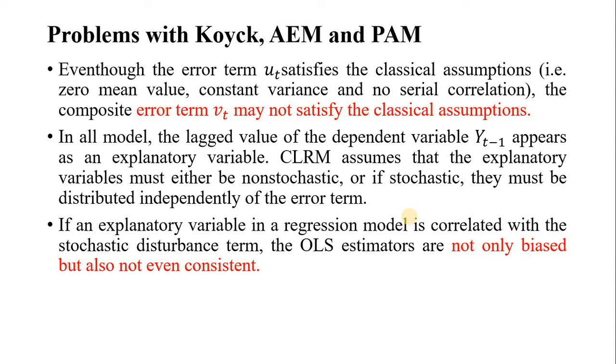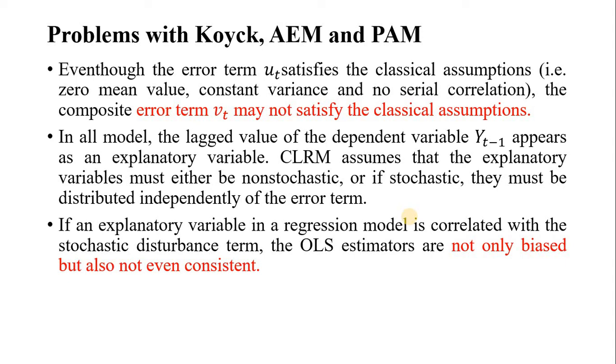This is what's called the stochastic regressor problem, the non-stochastic assumption. If this is the case, then what's the problem? The estimators are not only biased but also not even consistent. So the estimators will be biased as well as inconsistent.